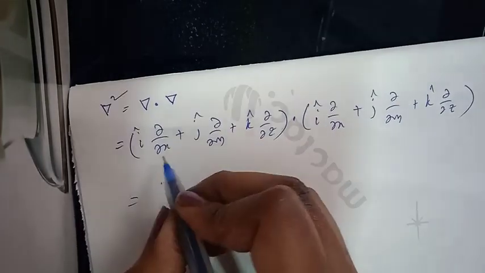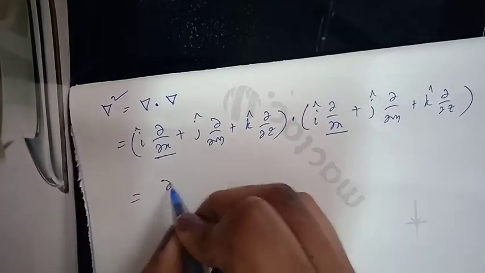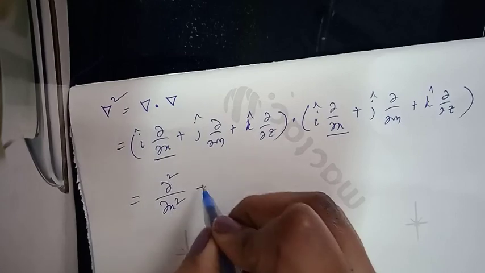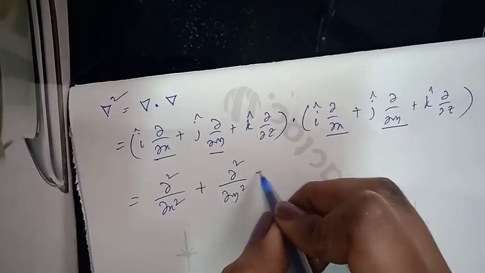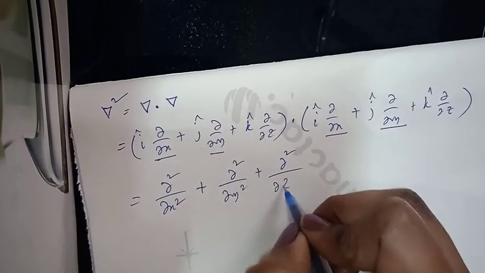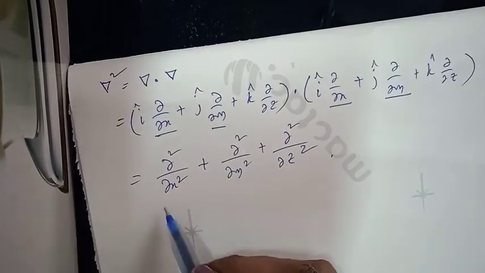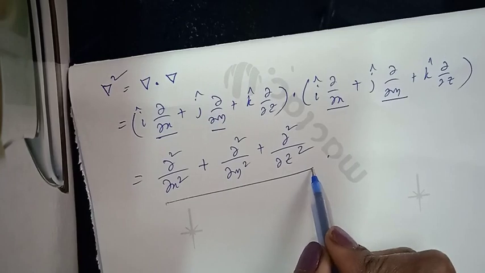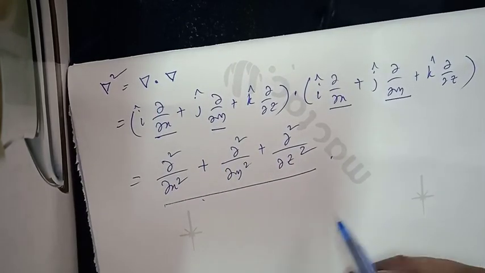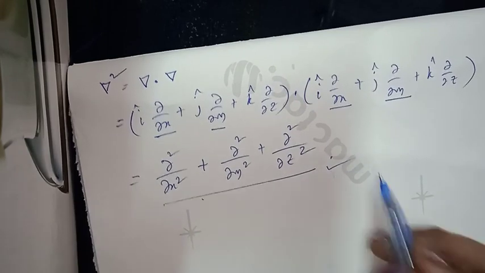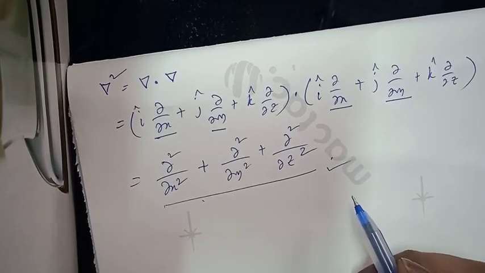Find the dot product, this one into this one, so del 2/del x2 plus this one into this one, del 2/del y2 plus del 2/del z2, right? Check, it's an operator but it is not a vector, because we know the dot product of two vectors becomes a scalar. Okay, so this is how we compute all the operations with that nabla operator.